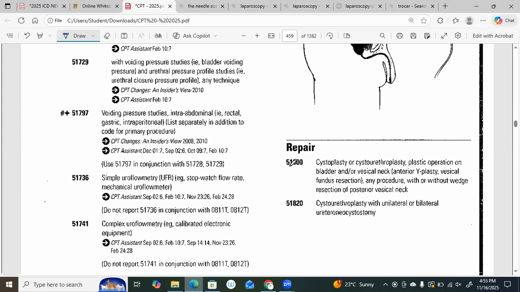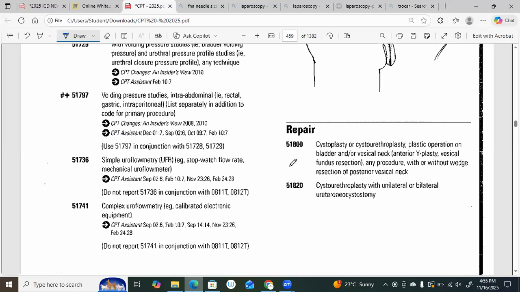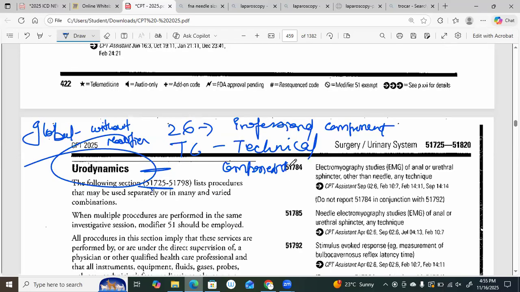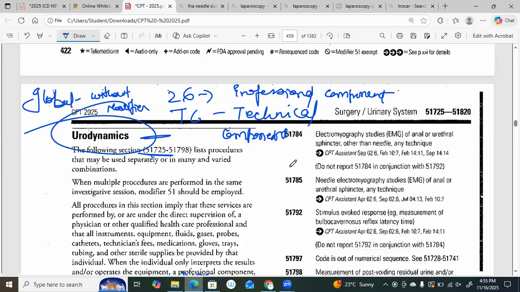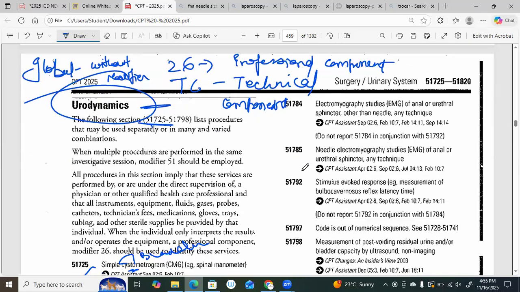So the next study we have is 51784, electromyography studies of the anal or urethral sphincter, which is other than needle. We do have a code for the needle also. So this is needle. The previous one is for the other than needle.